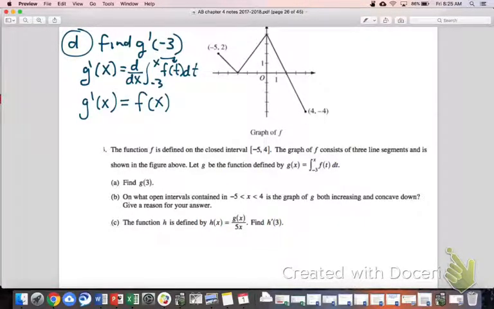And since we've got a graph of f, this should be pretty easy now, right? g prime of negative 3 would equal f of negative 3, which would equal 0, right? Because right there's f of negative 3. Okay. We good?